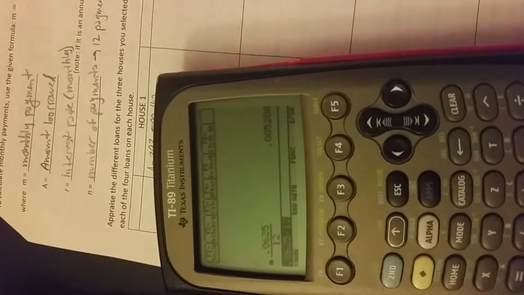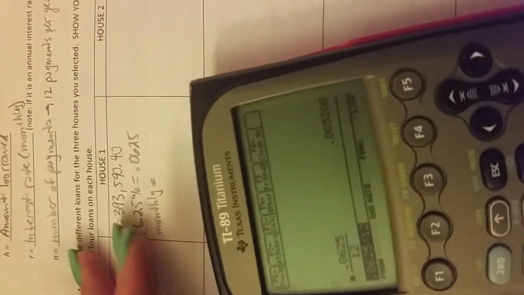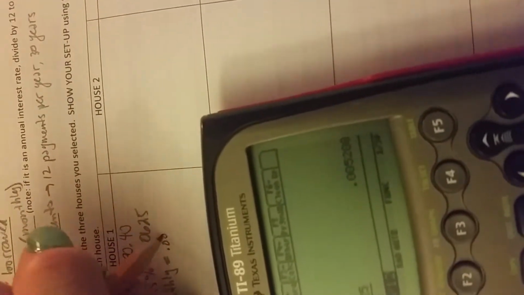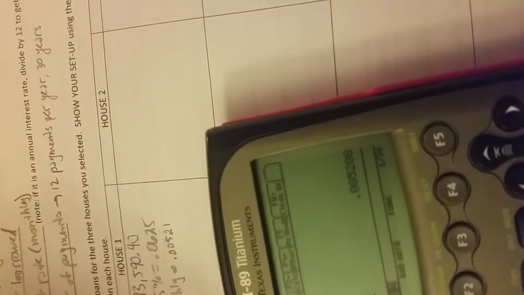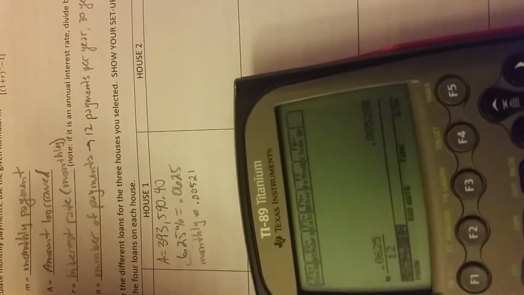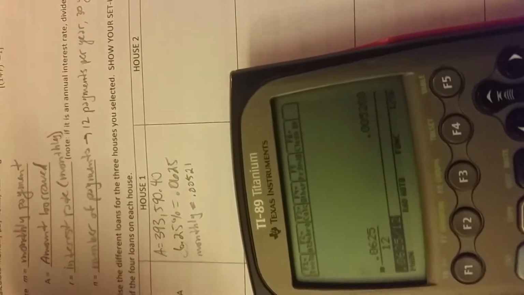So we're going to take the annual interest rate, 0.0625, and divide it by 12. When you do that, my monthly interest rate is about 0.00521. So that's what I'm going to come up with.